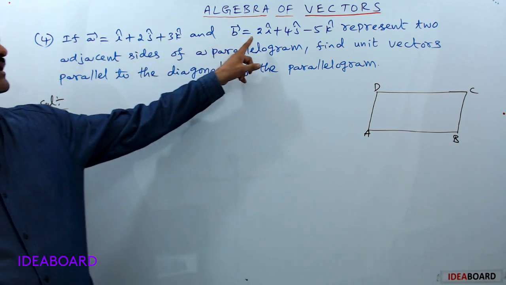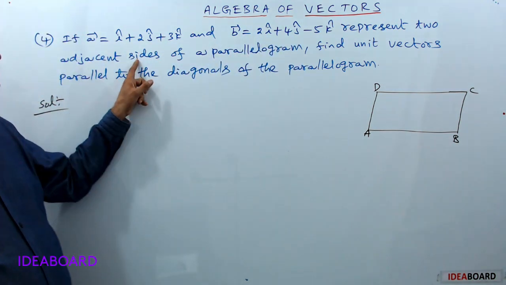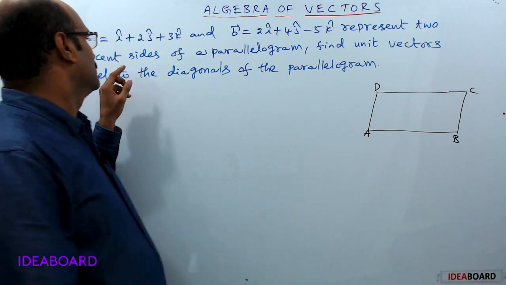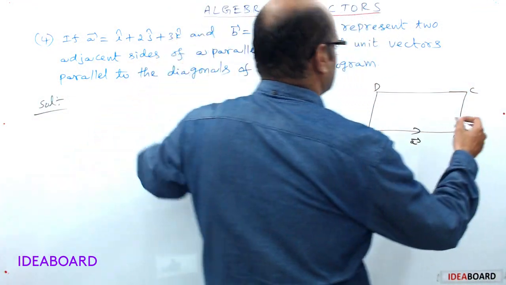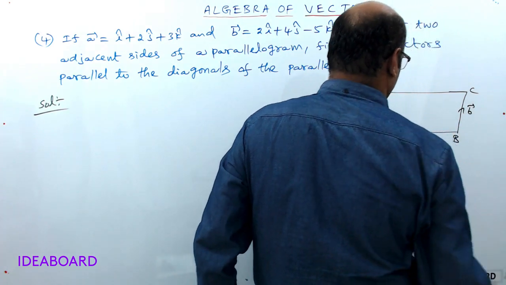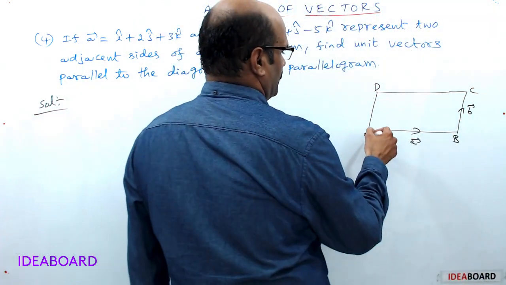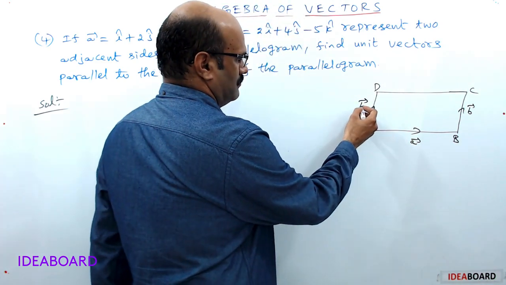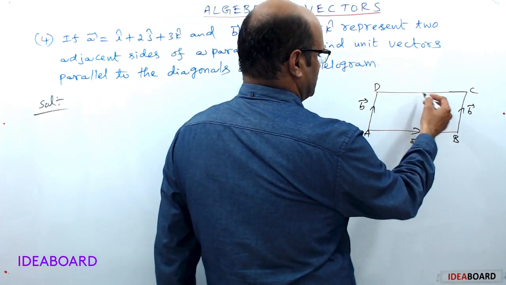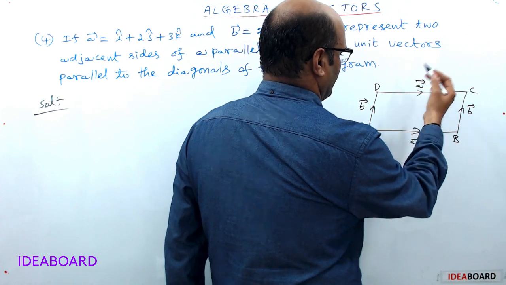a vector and b vector represent two adjacent sides of a parallelogram. Take AB vector equal to a vector here and BC vector equal to b vector, and AD vector is also equal to b vector only, and DC vector is also equal to a vector only.